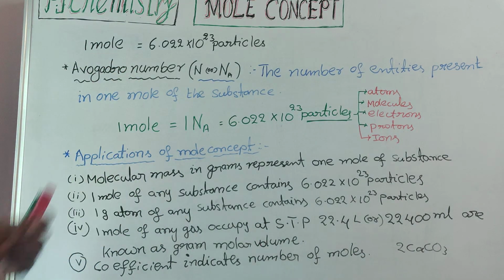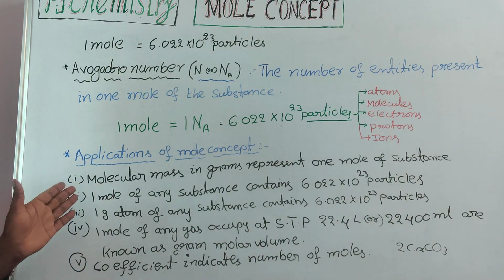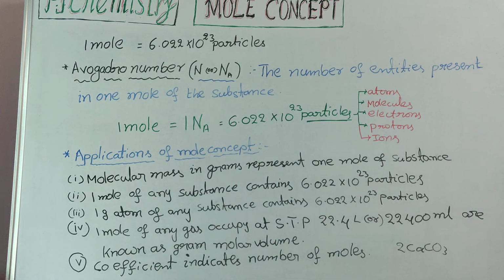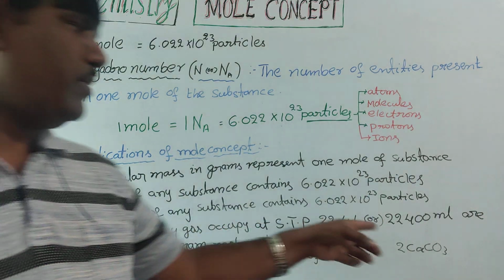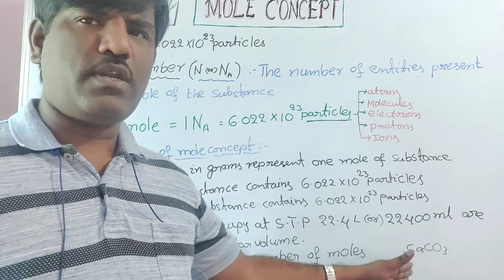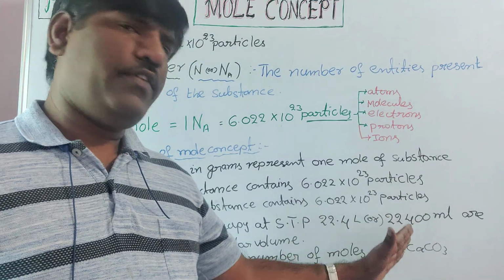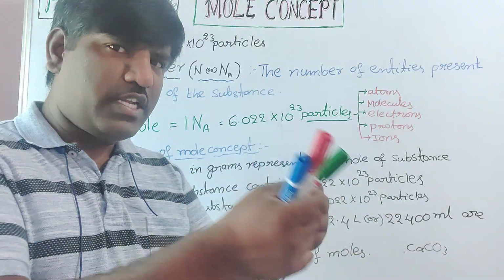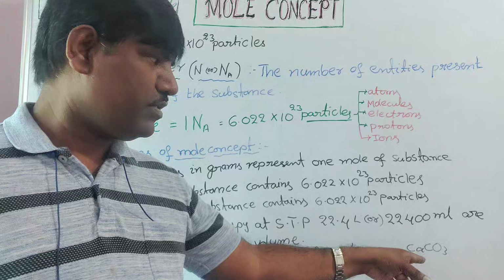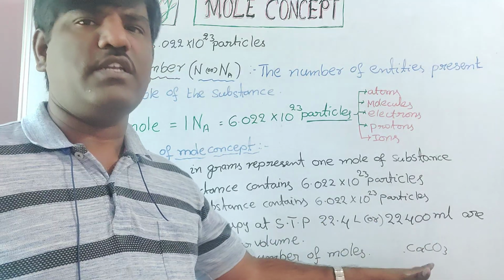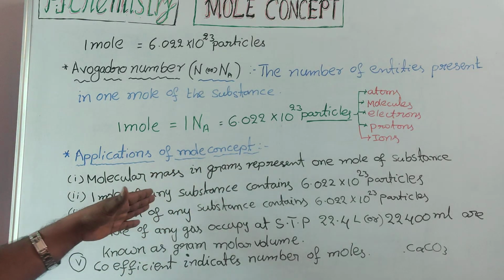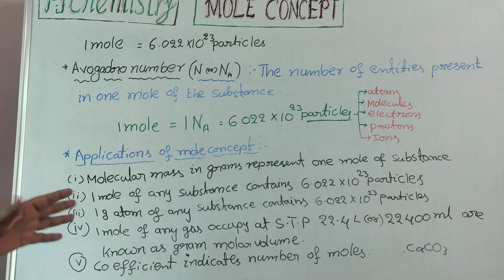These are the applications of mole concept. What is the first application? Molecular mass in grams represents 1 mole of the substance. For example, if you calculate the molecular weight of calcium carbonate, it is 100. If we mention it in grams, it means 6.023 particles are present.